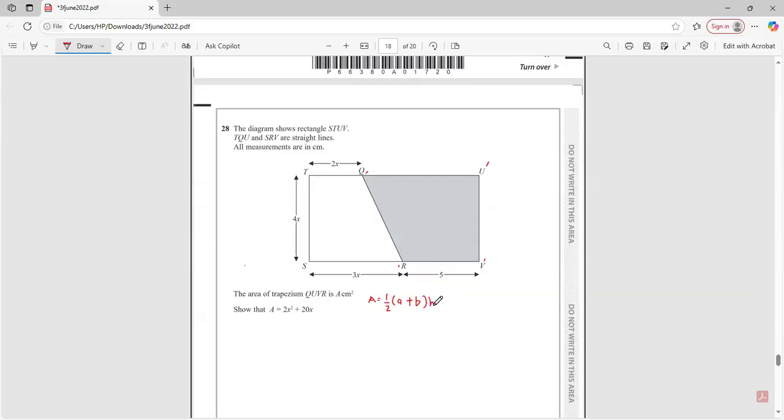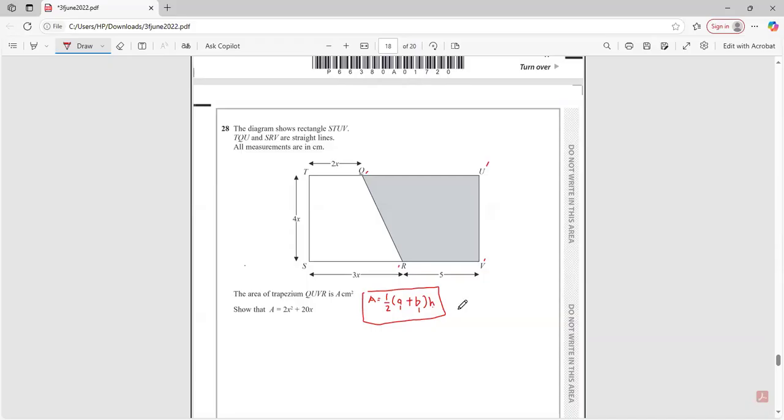Of course, we know that a trapezium has two parallel sides. So that's what the a and b stand for, the parallel sides. And then the height is of course the vertical height. And of course, the half comes to play. So let's keep this in mind, that this is the formula for the area of a trapezium. Then we'll come back to apply it.